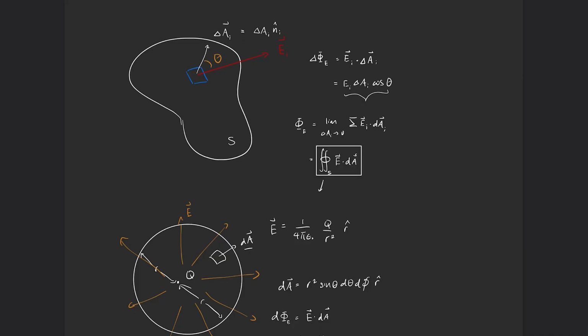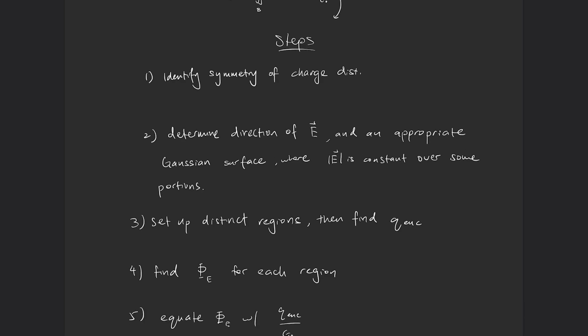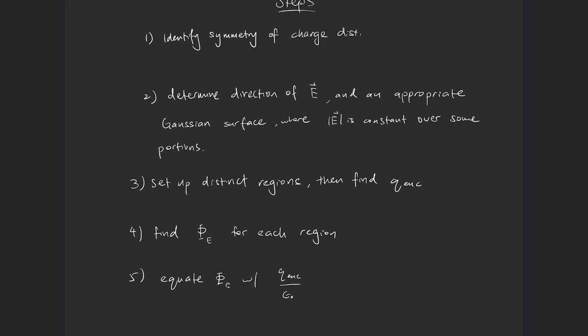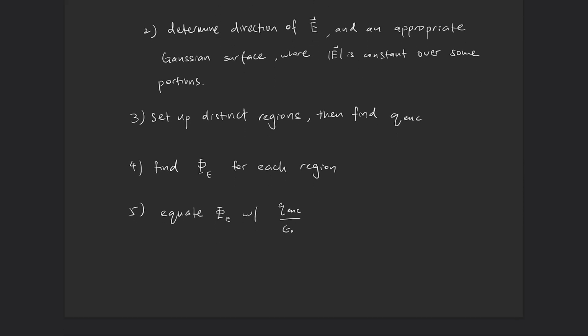Then we determine the direction of the electric field on an appropriate surface, and it would be good to have a surface where the magnitude of the field is constant over some portions. Then you set up your regions and find the enclosed charge of each region, find the flux, and equate your flux with your charge in order to deduce the electric field.